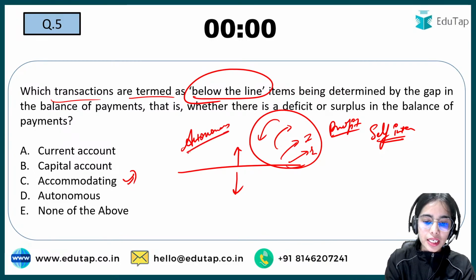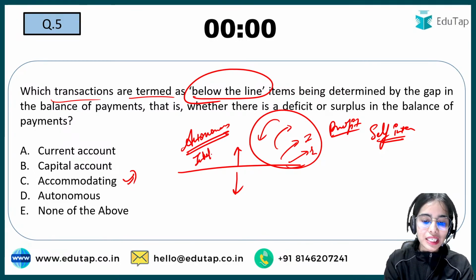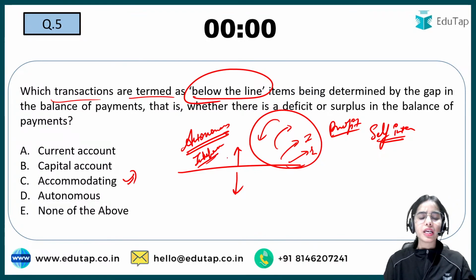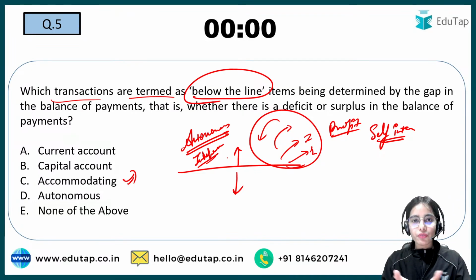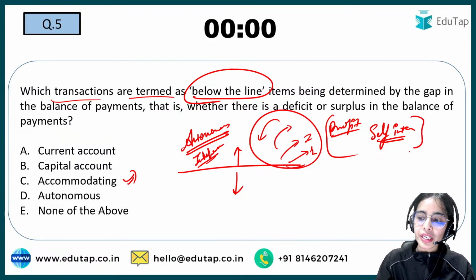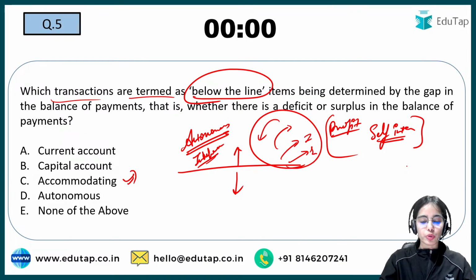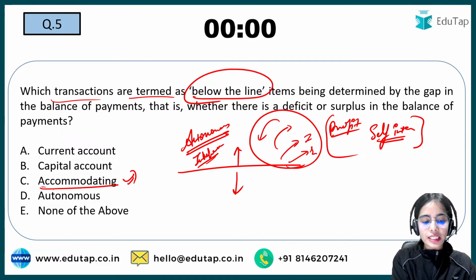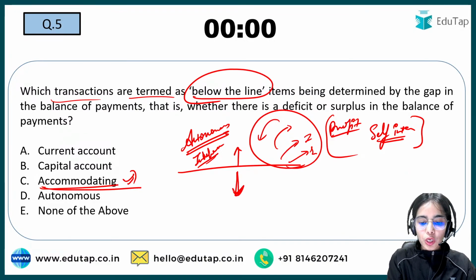Autonomous transactions means independent transactions. That does not depend upon the condition of the economy. That does not depend upon how the country is working. Autonomous transactions are the independent transactions that are just dependent on the self-interest or profit motive. But accommodating transactions are the below the line transactions.